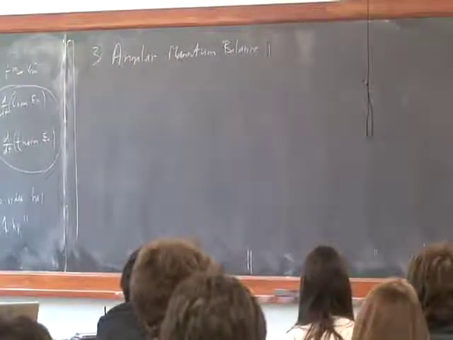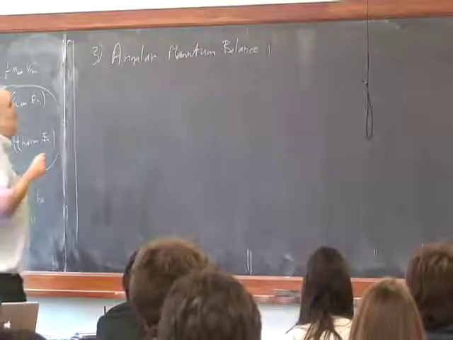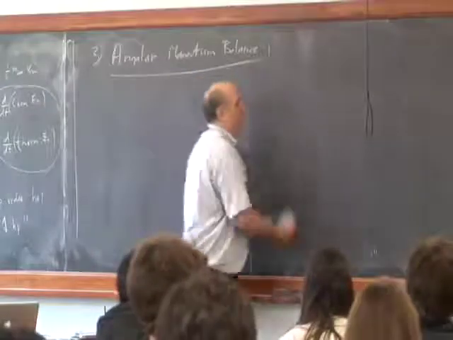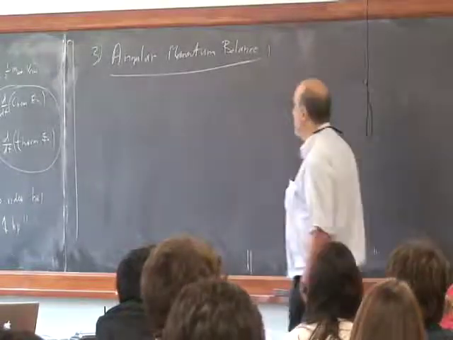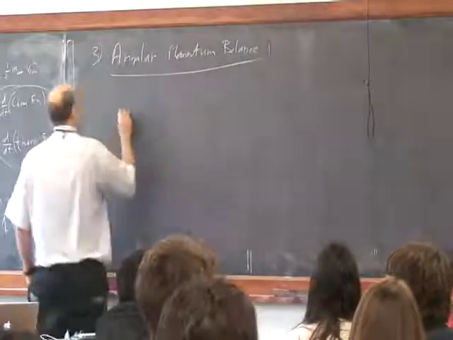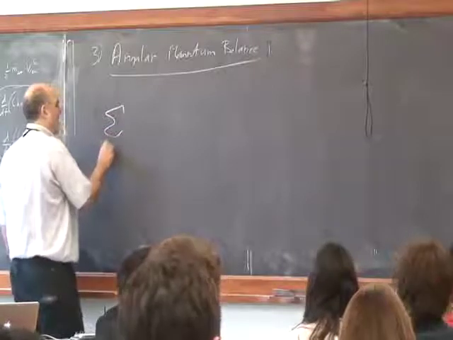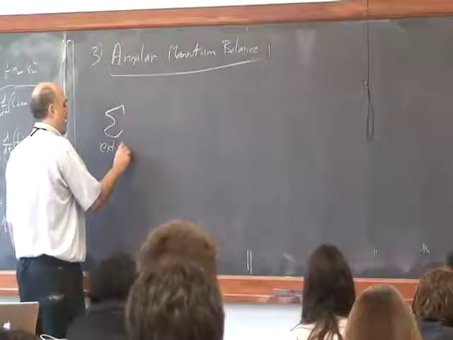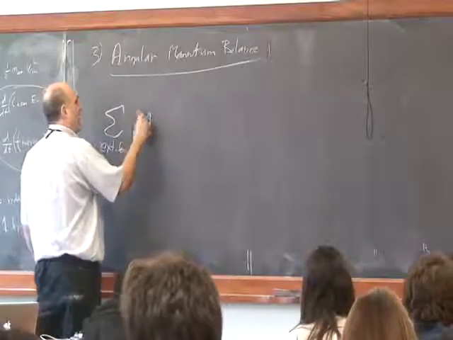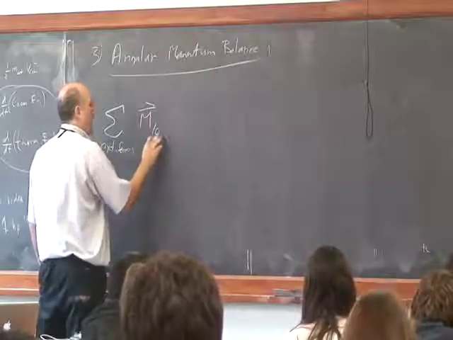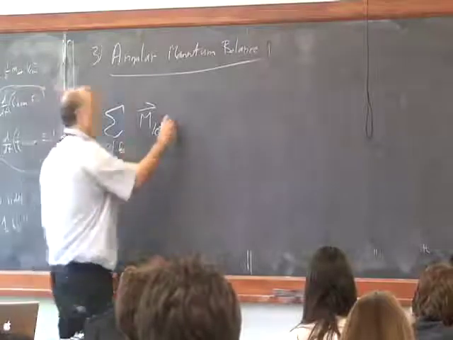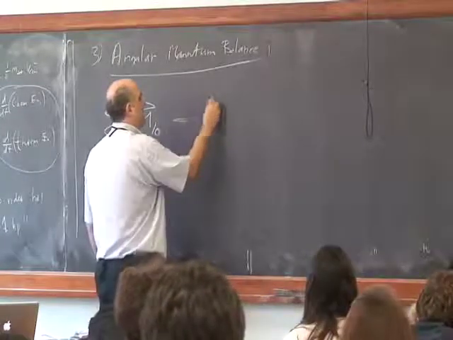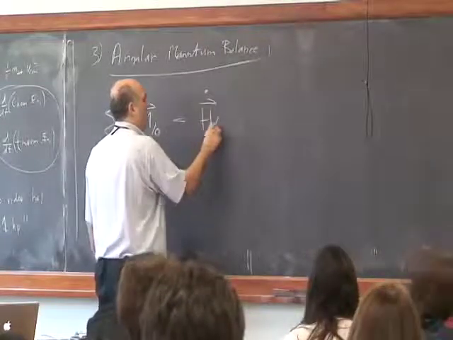The general statement of the angular momentum balance equation is more complicated and does not have a simplification like torque equals I alpha. What it says is the sum of all of the external moments relative to some point, and you have to pick which point, maybe the origin of some coordinate system, is equal to the rate of change of angular momentum relative to that point.